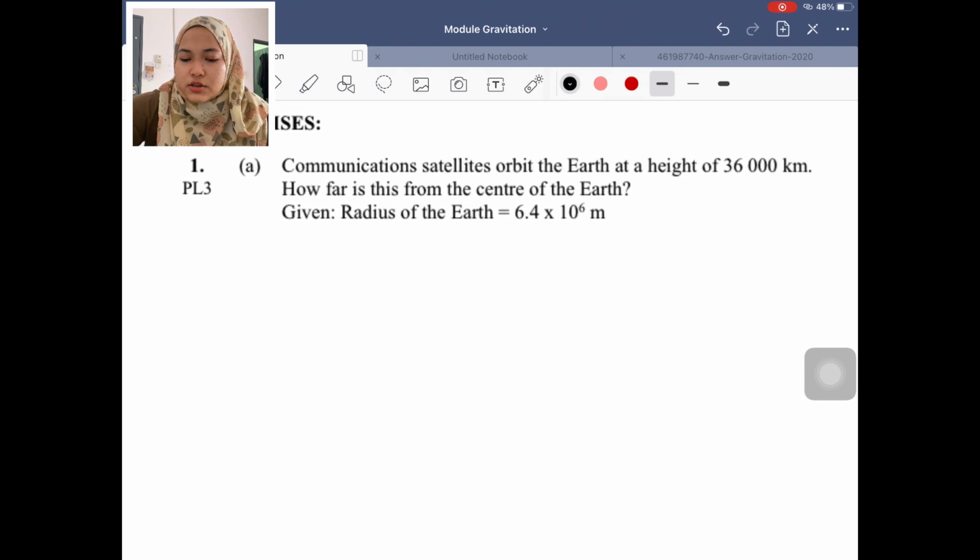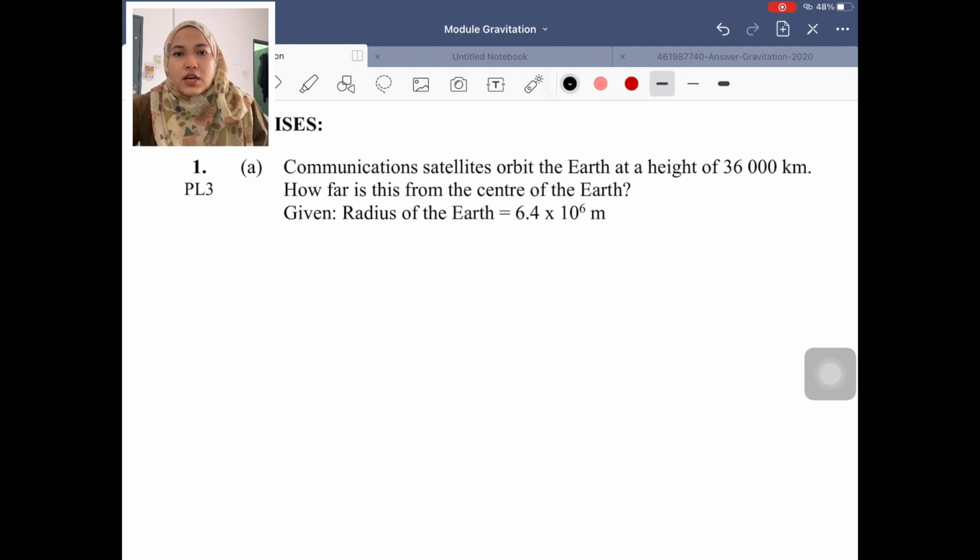Alright, next we will discuss the exercise from the handout. The first question, number 1a: communication satellites orbit the Earth at the height of 36,000 kilometer.